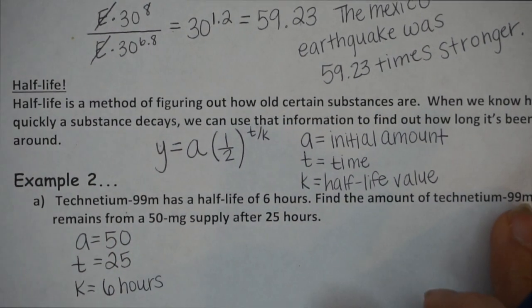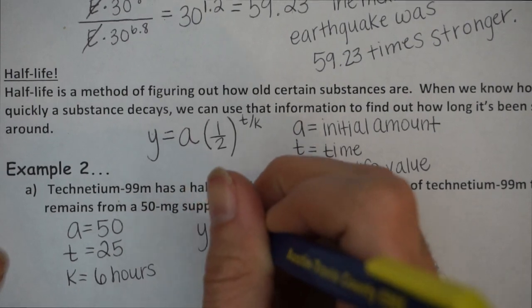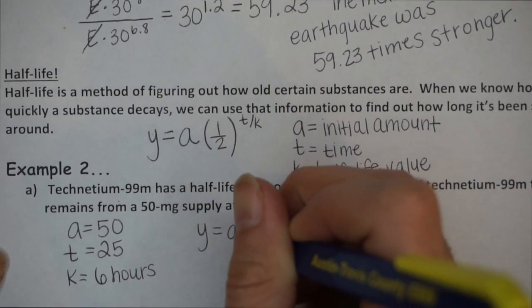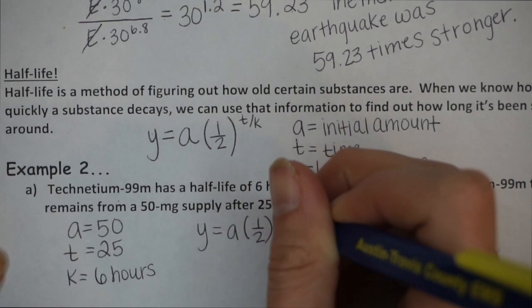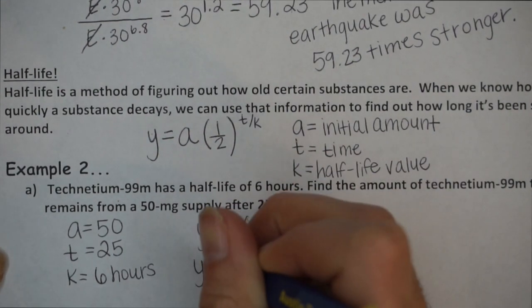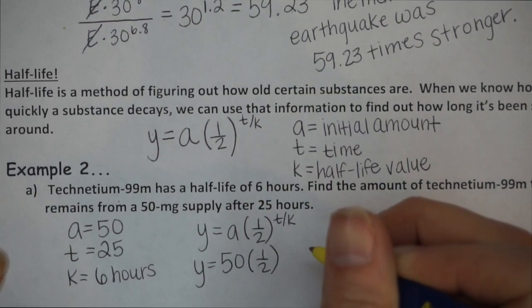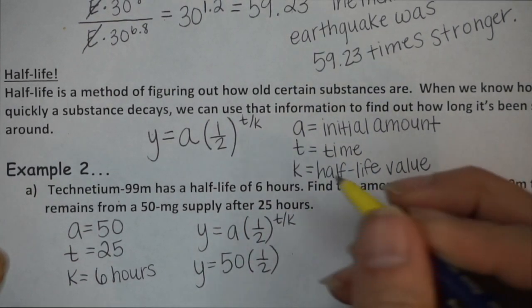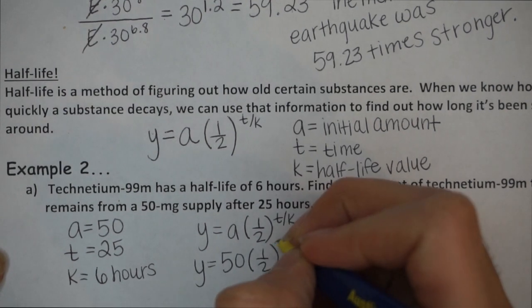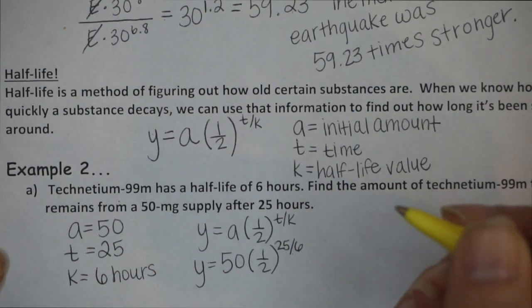All right, so we're going to fill in those values into our equation. y equals a times 1/2 to the t over k. For us, a was 50 times 1/2. That's already filled in. t over k, so t was 25 divided by k, the half-life of 6.